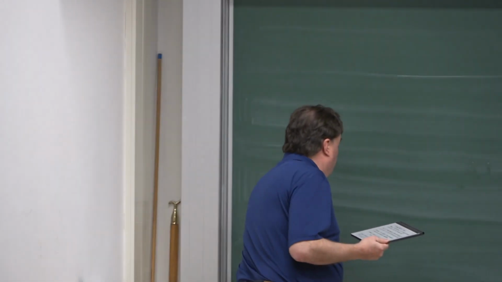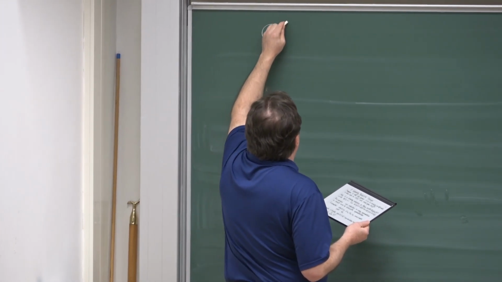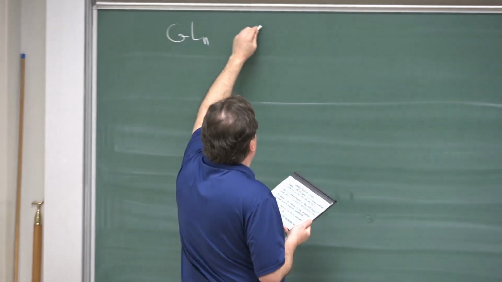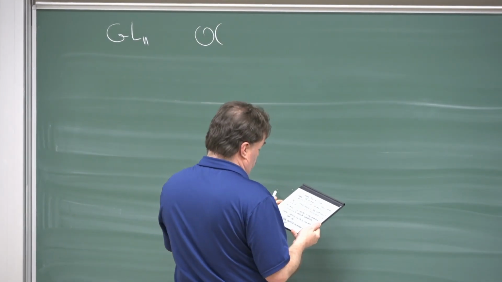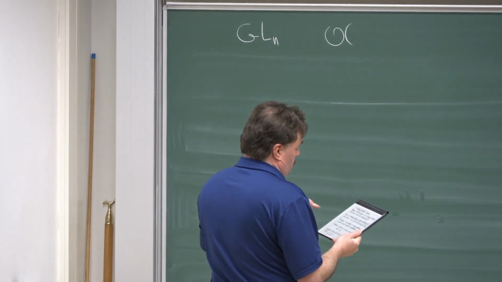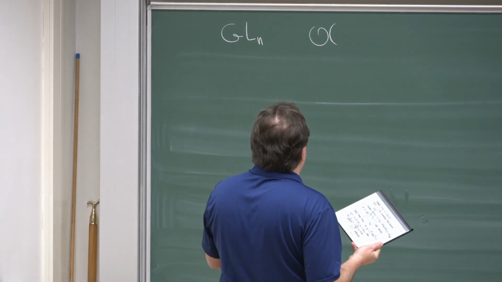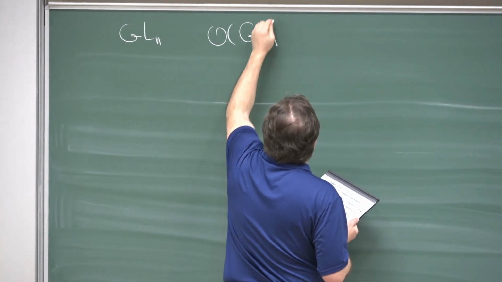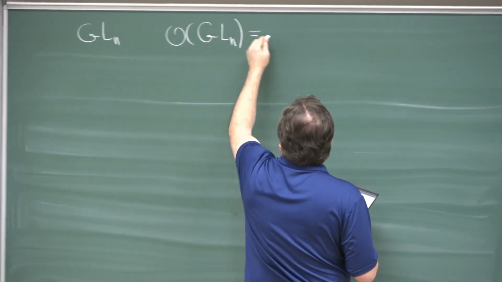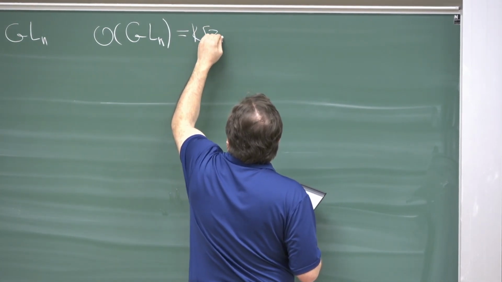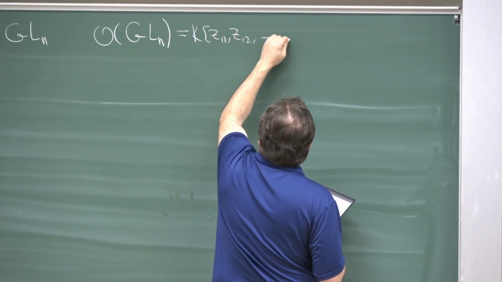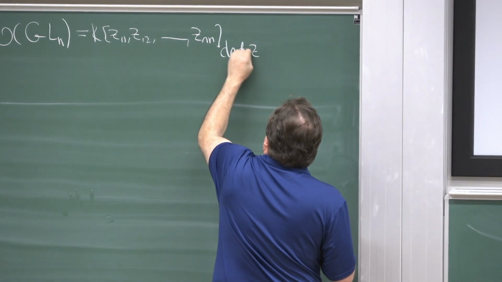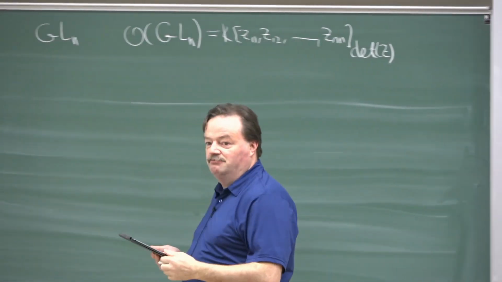So if you work over GL_n of an arbitrary field K, there's another way using the so-called Cayley operator. Remember that the coordinate ring of GL_n is described by a polynomial ring, and then we localize with respect to the determinant of this n by n matrix.